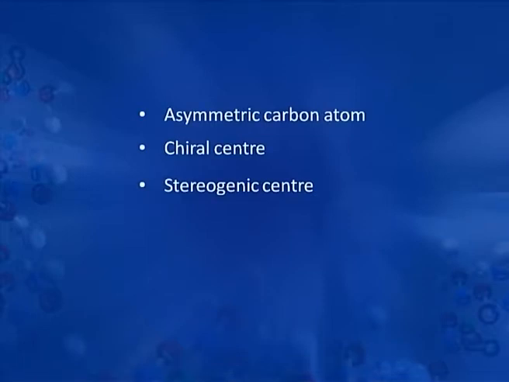We came across 3 terms in our previous session. One is asymmetric carbon atom, another is chiral center, and the third is stereogenic center. Actually, these 3 terms are used interchangeably. Asymmetric carbon atom means a carbon which has 4 different groups attached to it. If such a carbon is present in a molecule, then the molecule becomes chiral and hence it is called a chiral center.